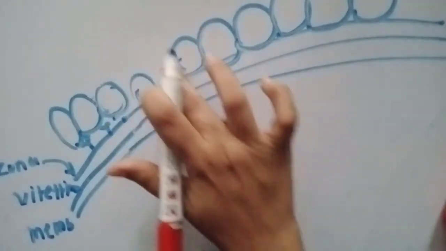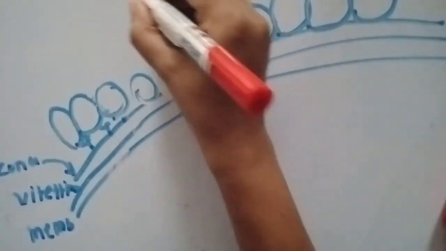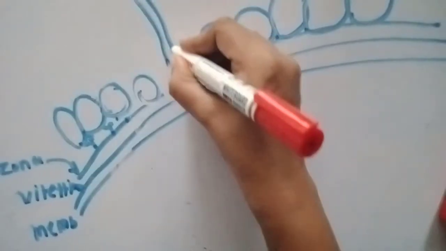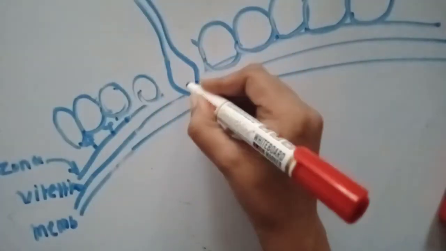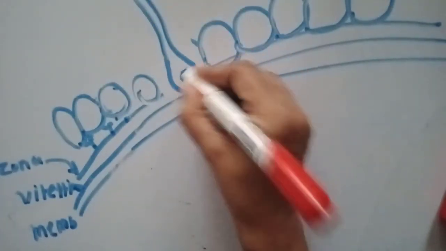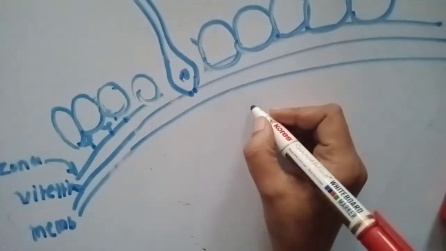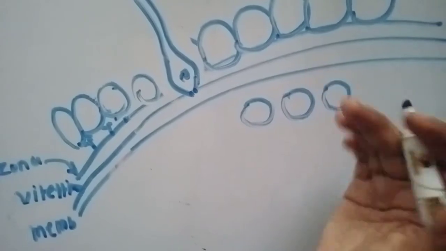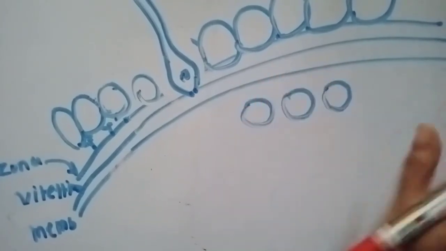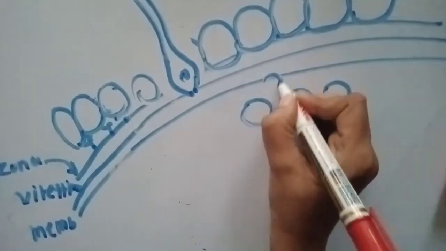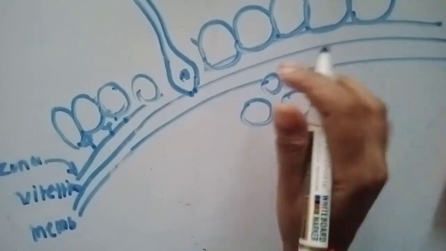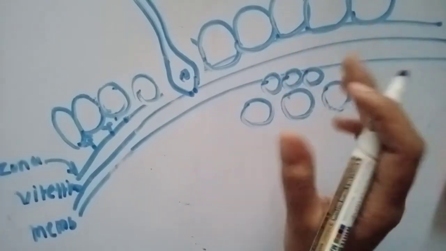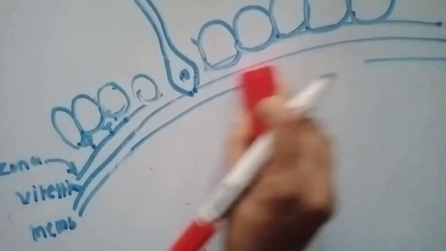As soon as your sperm enters and touches your vitelline membrane, at the same time the cortical granules, which are filled with some secretions, come to your egg membrane, and exocytosis takes place. They just burst open and pour all their secretion into this.